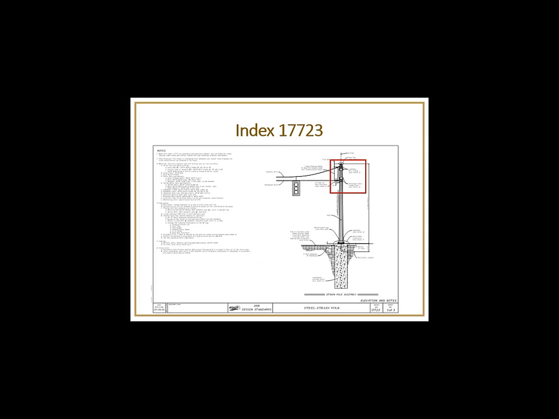The next issue is in Index 17723. Now, it's not so much a revision as it is a clarification. 17723 only showed basically what might be assumed as a diagonal wire, where you only had one set of span wire assemblies attached to the steel strain pole.